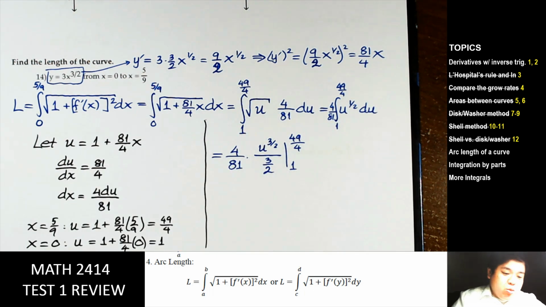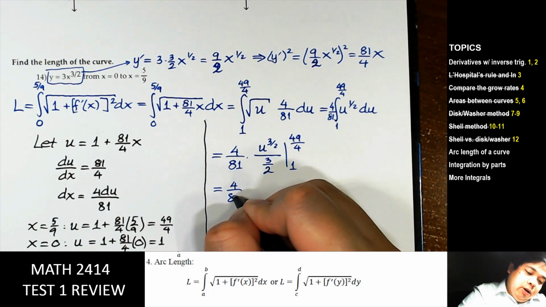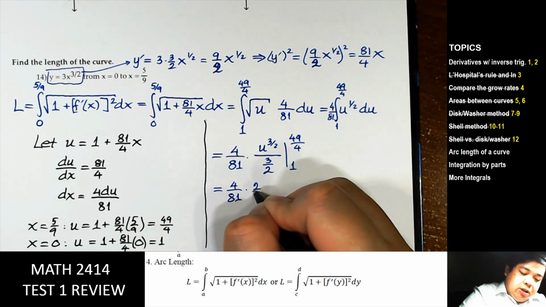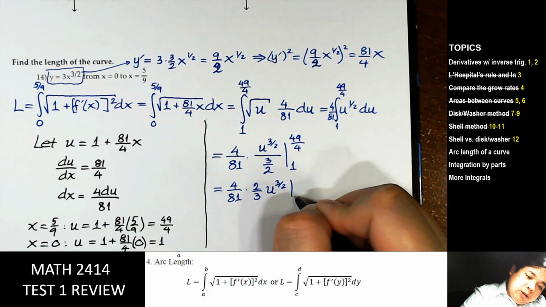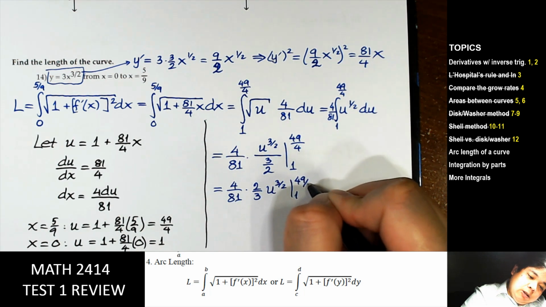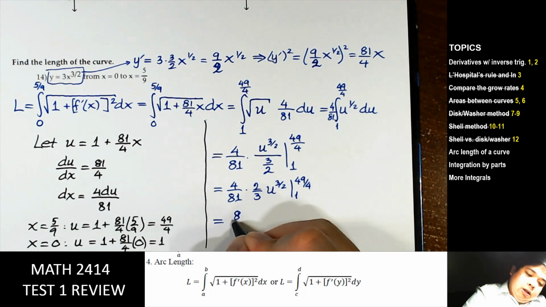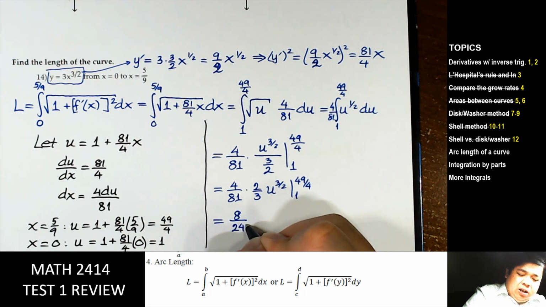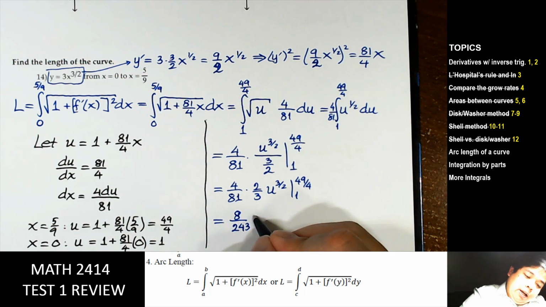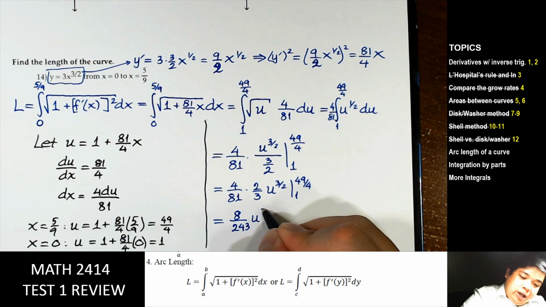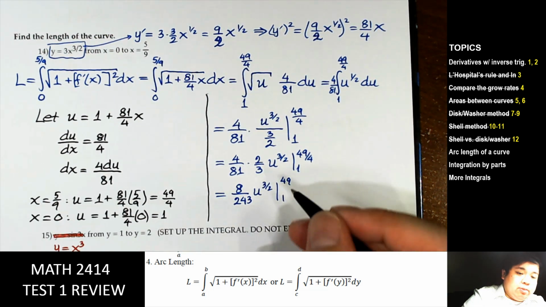Dividing by 3/2 is multiplying by the reciprocal. 4 over 81 times 2/3 gives us 8 over 243, and then u to the 3/2 goes from 1 to 49 over 4.